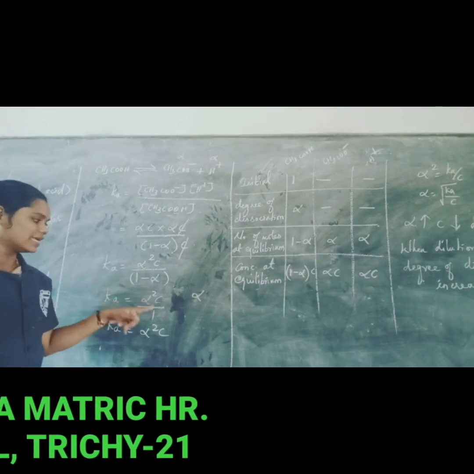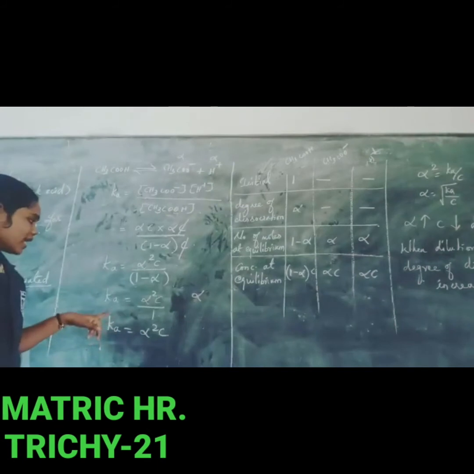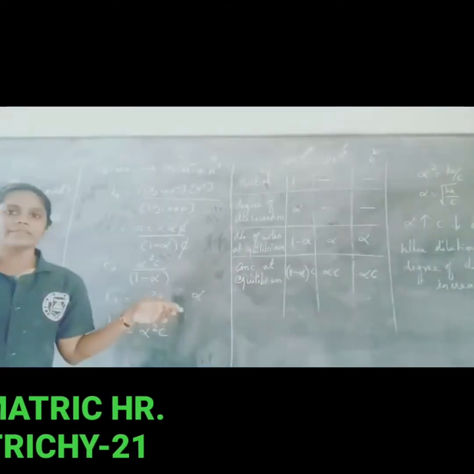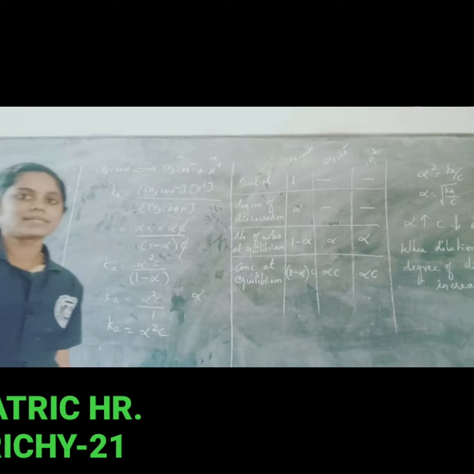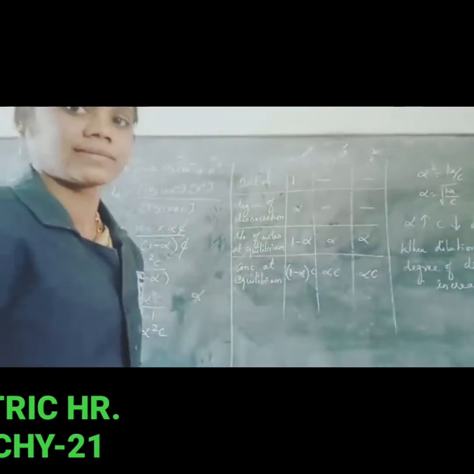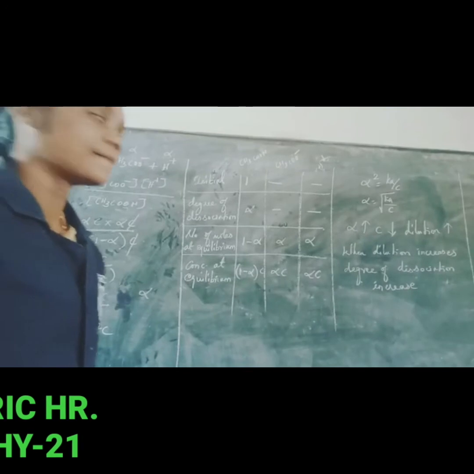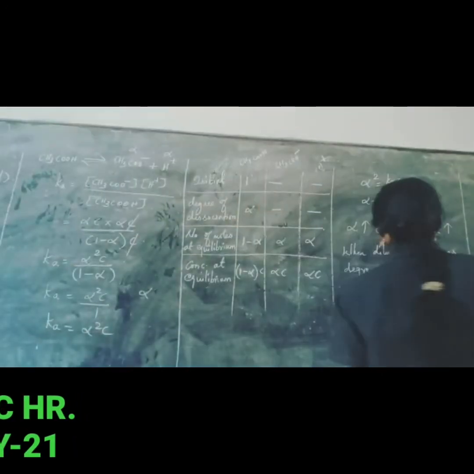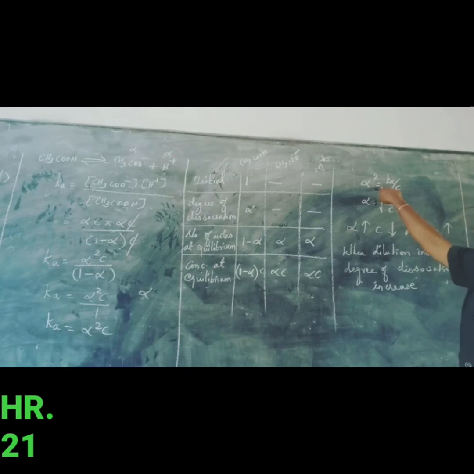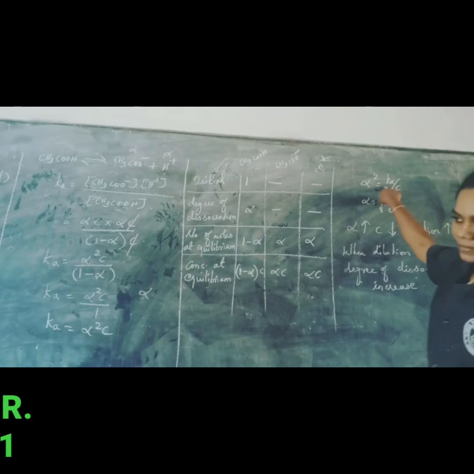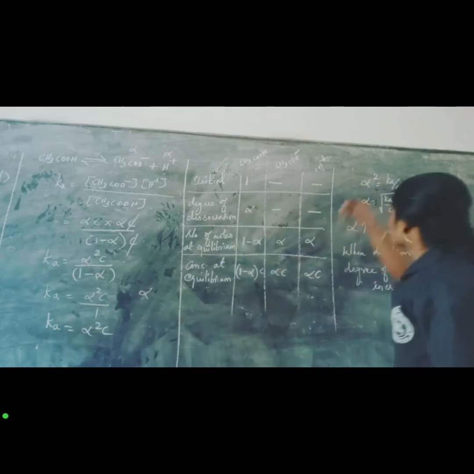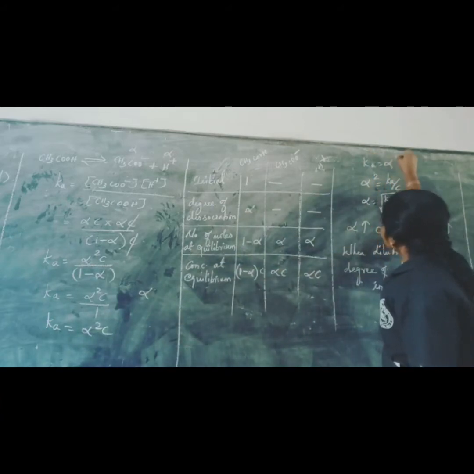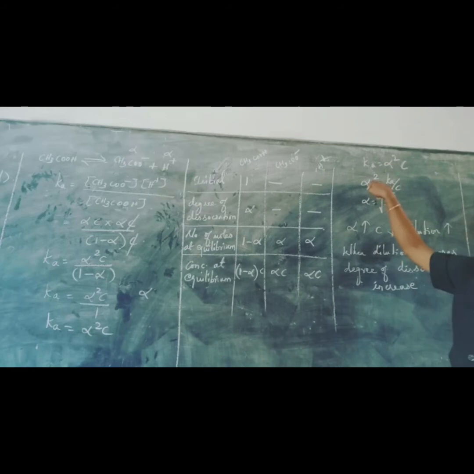So alpha square C divided by 1, and Ka is equal to alpha square C. We want alpha square, so alpha square is equal to Ka divided by C. So alpha is equal to square root of Ka by C.